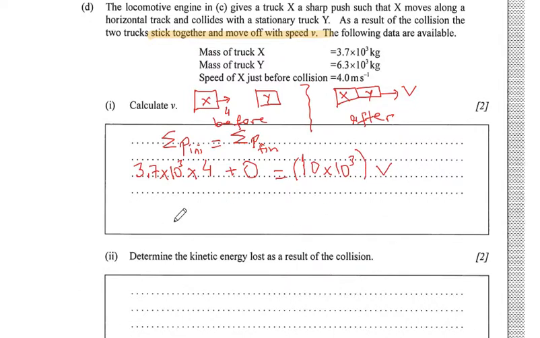When you solve this equation, you get 14.8 divided by 10. They both have a factor of 10 to the power of 3 and they will cancel, so I didn't write that. It gives us 1.48 meters per second.